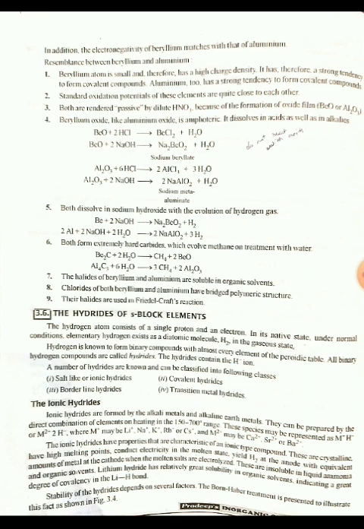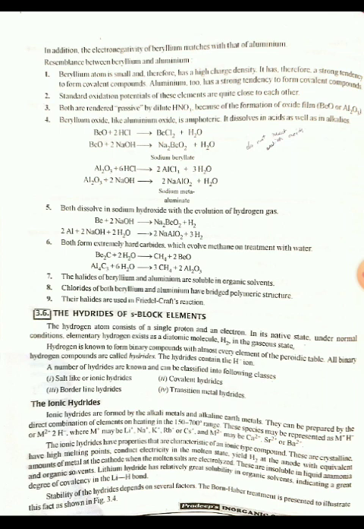These species may be represented as M+H- or M2+2H-, where M+ may be lithium+, sodium+, potassium+, rubidium+, or cesium+, and M2+ may be calcium 2+, strontium 2+, or barium 2+.